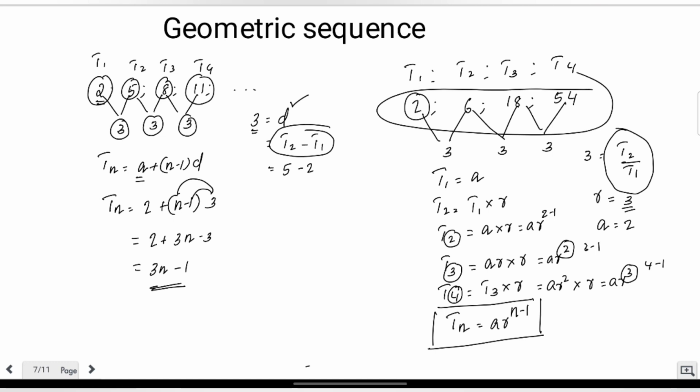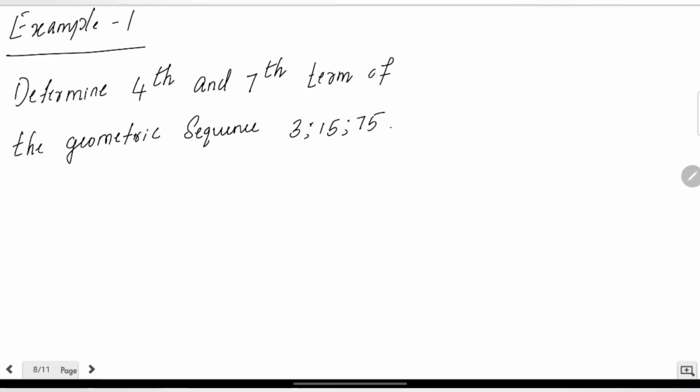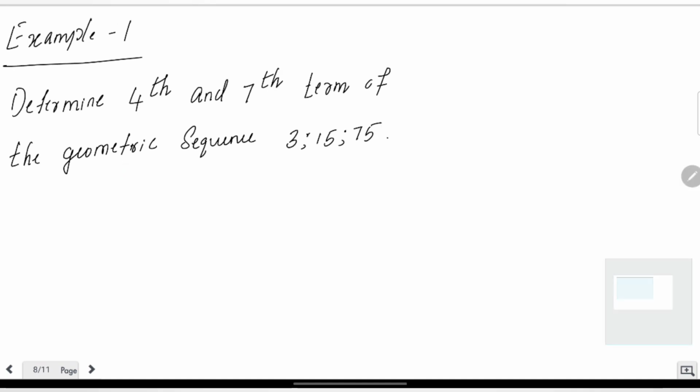All right. Now we can do some examples. Example number 1. Determine the fourth and seventh term of the geometric sequence 3, 15 and 75. It is already given that it is a geometric sequence. So just use the formula and find T4 and T7. What is the formula for T4?